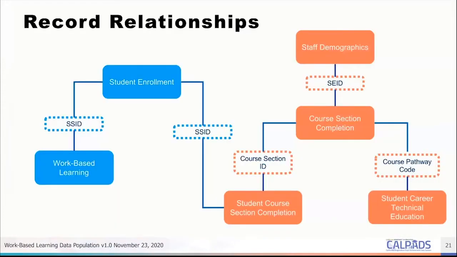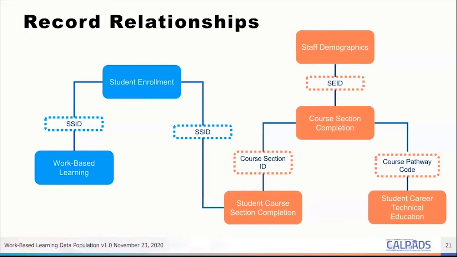The first slide that we have here is related to record relationships. The WBLR file may be submitted independently of other Interface 1 file types. However, an enrollment record for the School of Attendance during the academic year reported must exist for the student. There's also a potential for a record relationship with the course section completion file, as the state course codes can be mapped to some WBLR records, as we have discussed a little bit earlier.